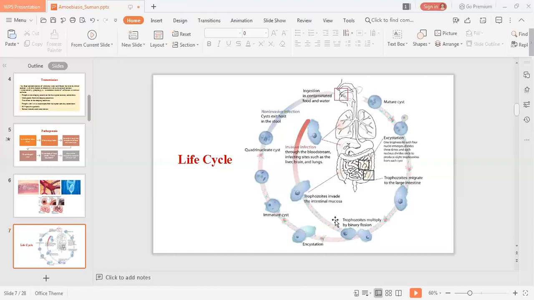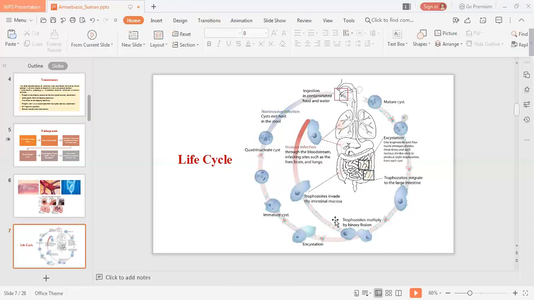Now the mature cyst will pass the stomach and then enter the small intestine, where we can see excystation, meaning from the mature cyst the trophozoites are formed. The process is known as excystation. Then the trophozoites migrate from the small intestine to the large intestine, and they will undergo multiplication by asexual reproduction, that is binary fission, and later we will notice encystation.